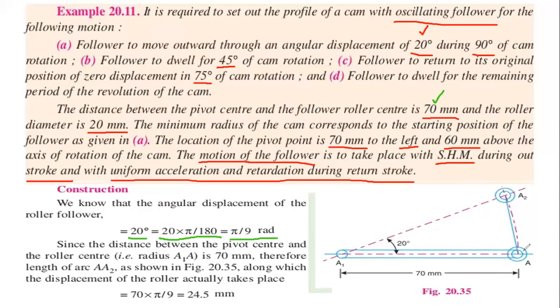Therefore, the length of the arc AA2, along which the displacement of the roller actually takes place, is 70 mm into pi by 9, that is displacement into angular displacement. So we have obtained it as 24.5 mm.